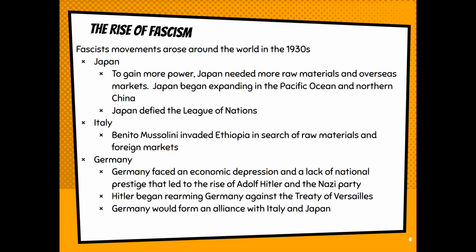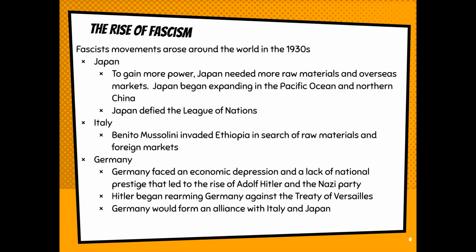So in Japan, we see an increased desire for more power, more control over Eastern Asia. And so to gain that power, Japan needed more raw materials, needed to take over different areas that had these materials like oil.